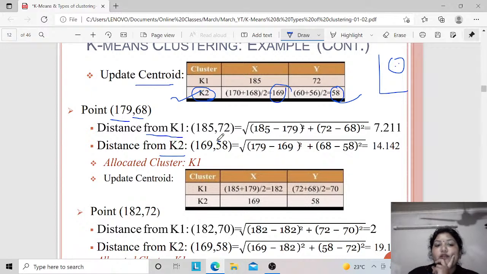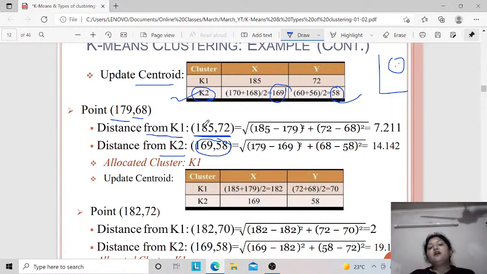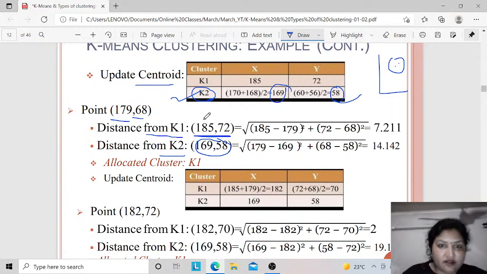Now your centroid value would be 169 and 58 rather than 170 and 56, right? Here you need not touch the cluster 1 because no updation has happened, no point has fallen under this category, so no need to touch this cluster, right? Because there is no point that is added into this cluster.